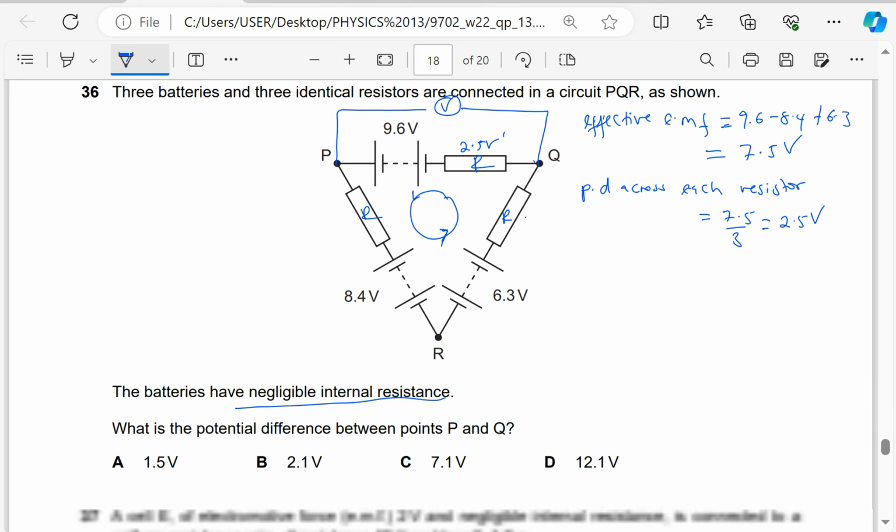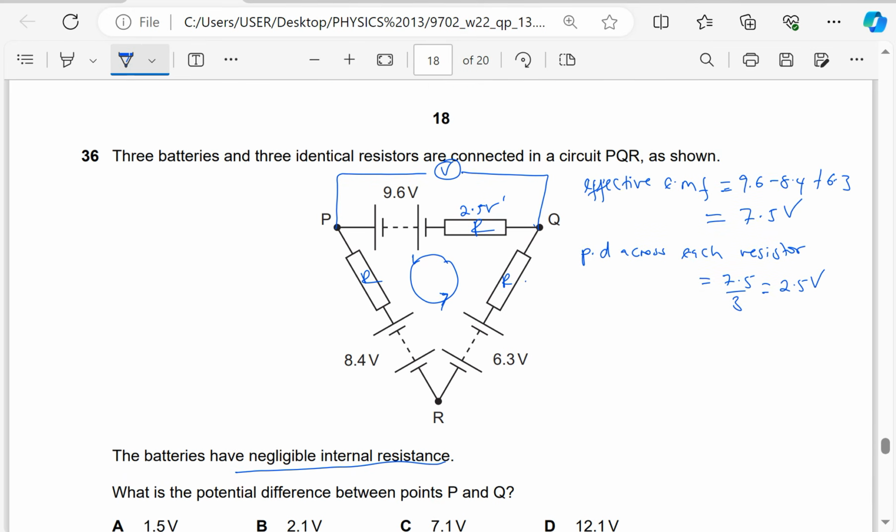So what is the potential difference between points P and Q? This is the PD across this resistor, and the EMF of the cell is 9.6 volts. Remember, we want PD, we don't want EMF.